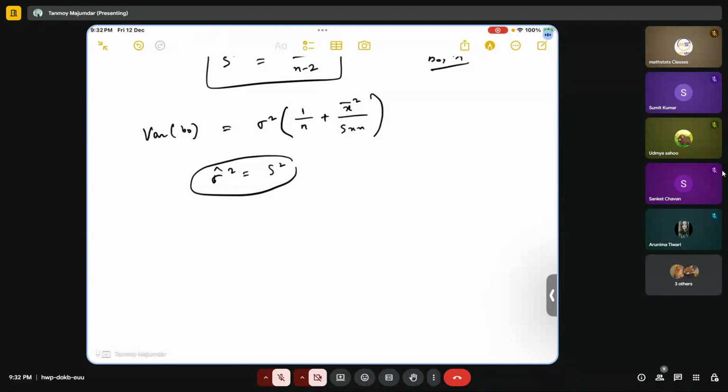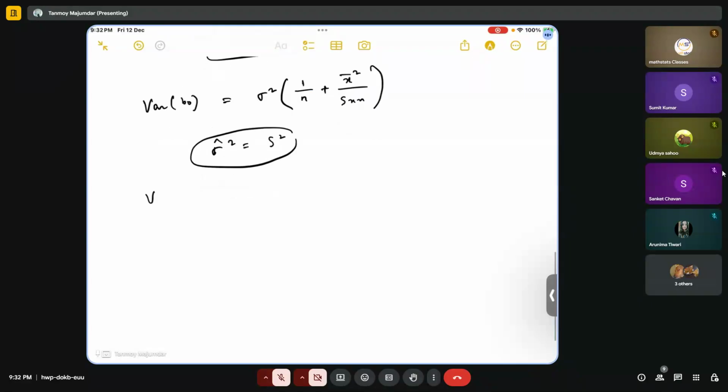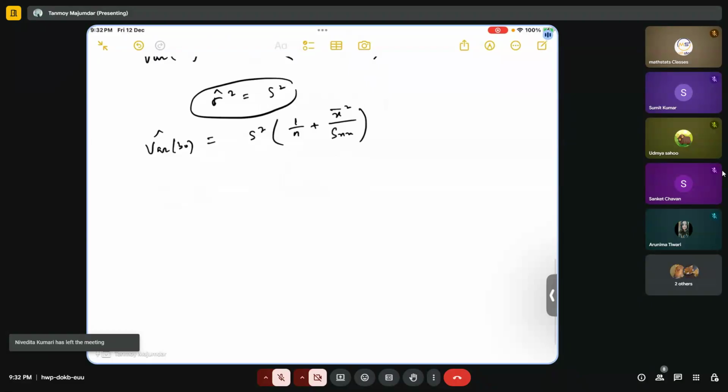If we replace it, we can get the variances of b0 and b1. In that case, variance of b0 hat will equal s square into 1 by n plus x bar square by sxx.